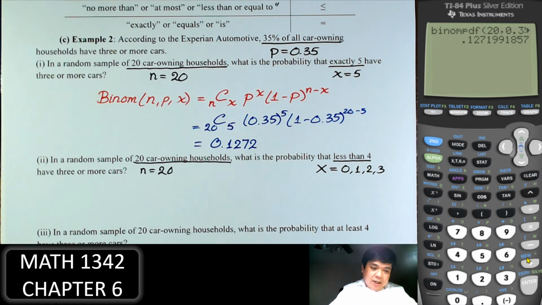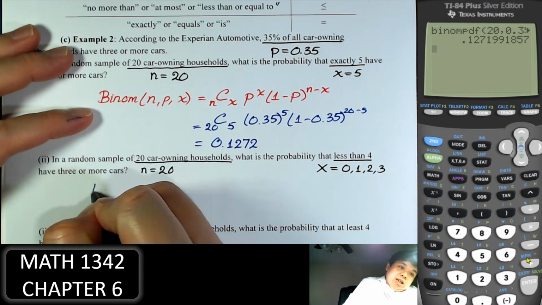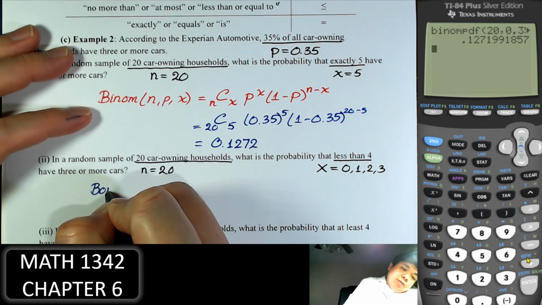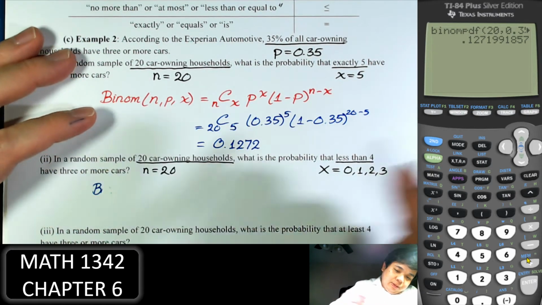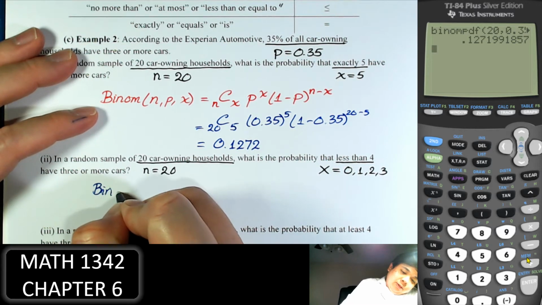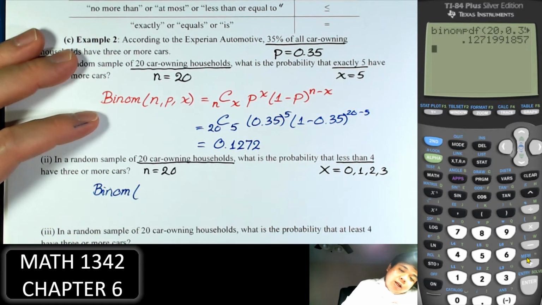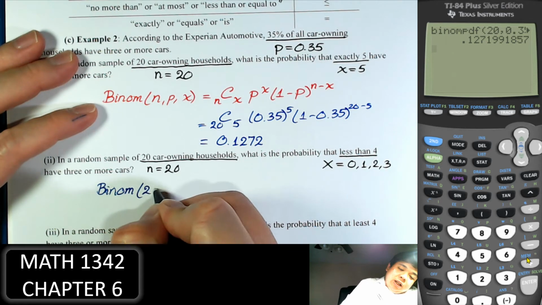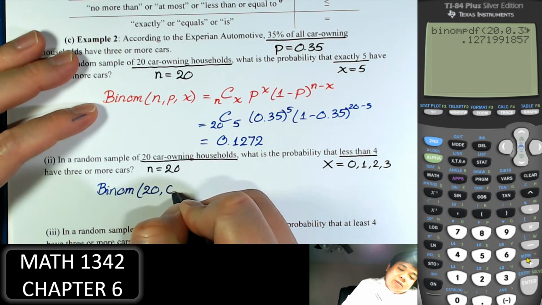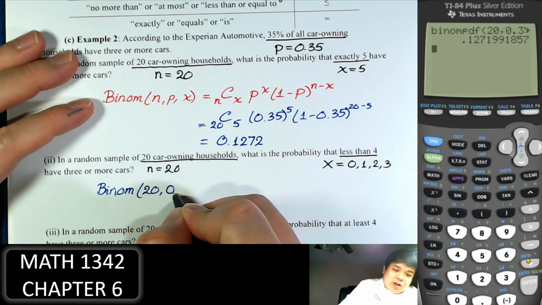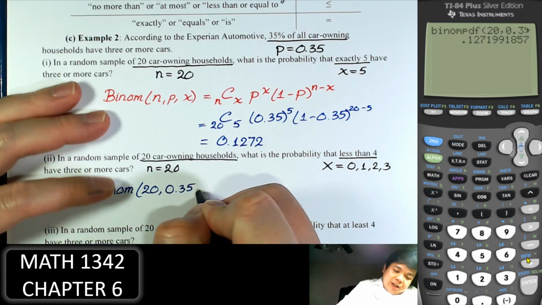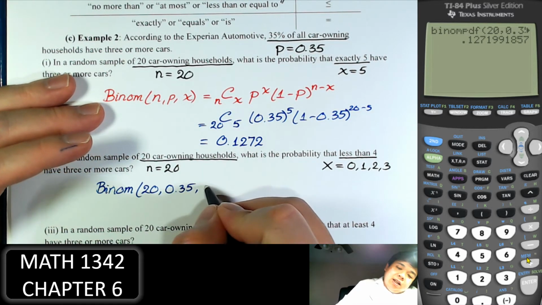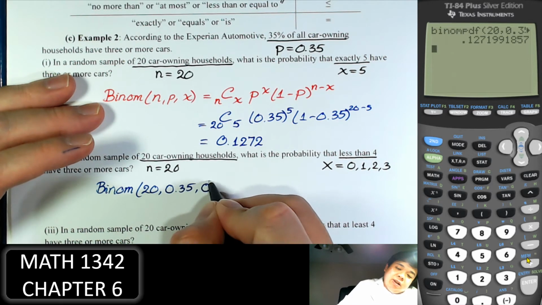So I'm just going to say it's going to be binomial. There's 20 households and none of them have 3 or more cars. I mean the probability is 35%, and then exactly none of them have 3 or more cars.